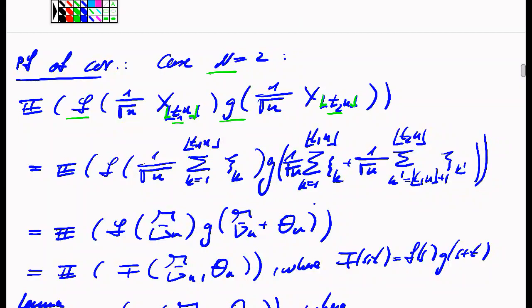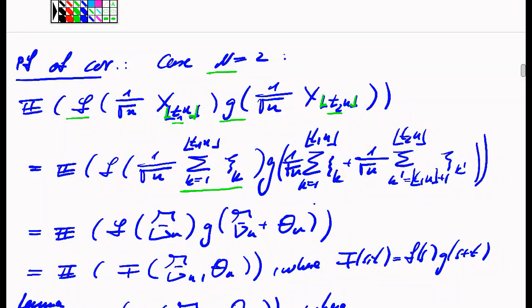Well, so we have this combined expectation, and there we recall that the simple random walk can be represented as the realization of a sum of up and down movements. So x at t1 of n is just this sum of xi k, where xi k is going up and down. It's just this sequence of Bernoulli random variables.